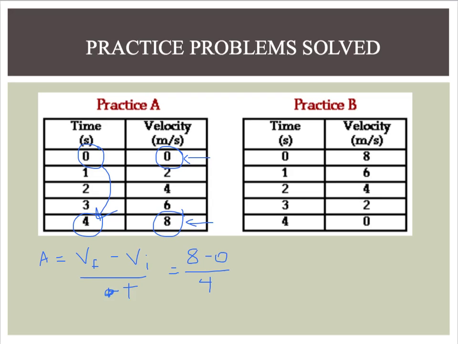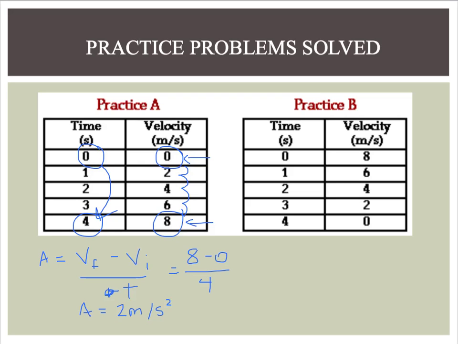You're not taking anything away. And then you're dividing 8 by 4. So your acceleration for this car was 2 meters per second squared. So it's saying every second this velocity changed, or it went up by 2 meters per second. You can see that in the data table.